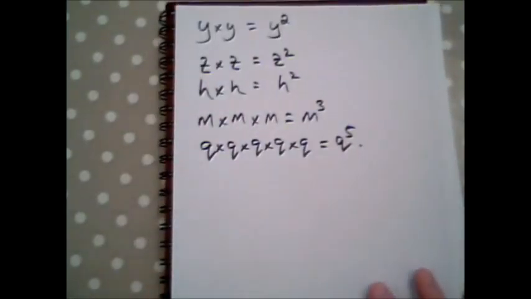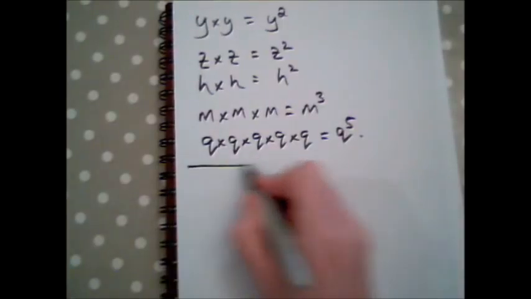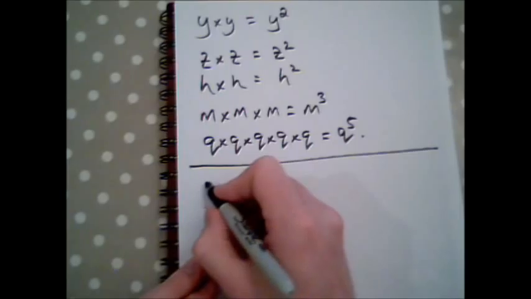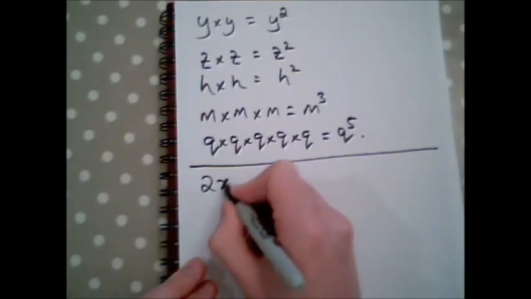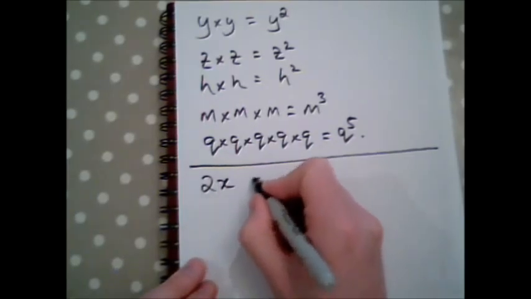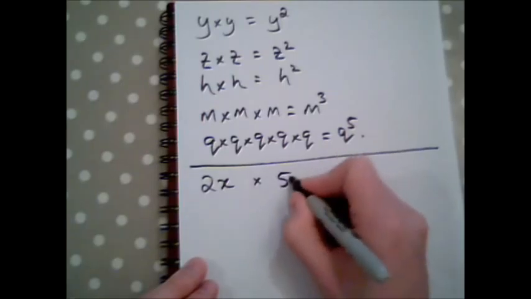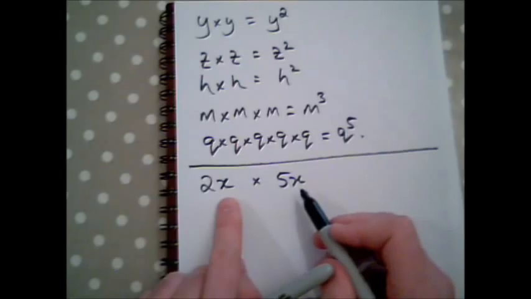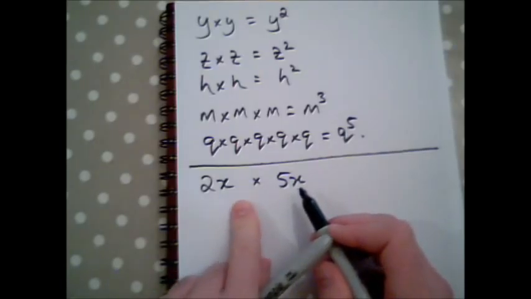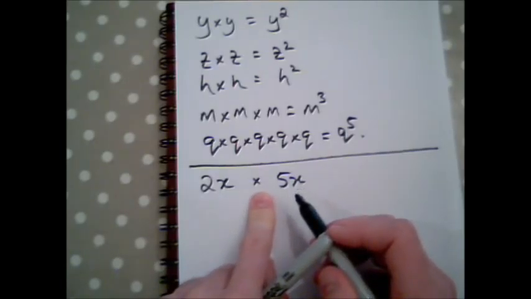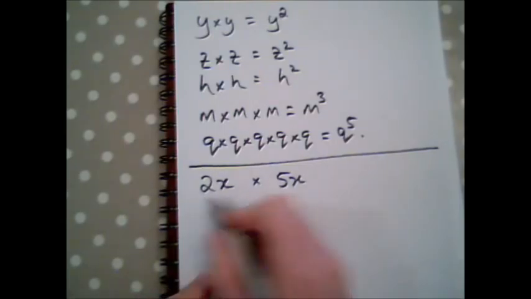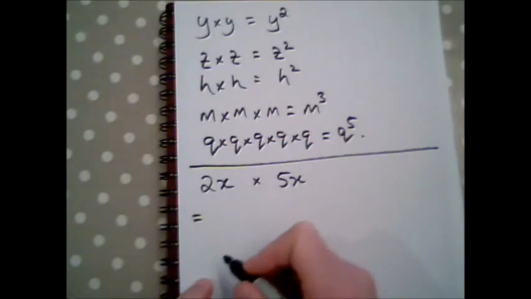Okay. So what we're going to do now is multiply, let's say, 2x multiplied by 5x. And now it might become clear why I write the x's in a curly way, because I don't want to get them confused with the multiplication sign. Alright, so 2x by 5x, like when we're adding or subtracting terms, we keep the same kind of terms together.